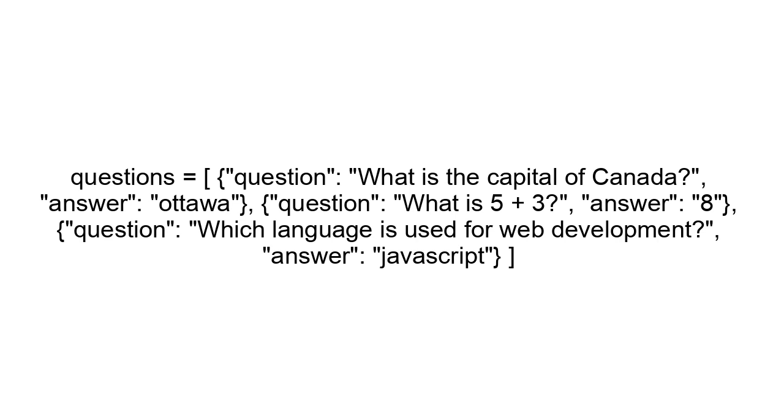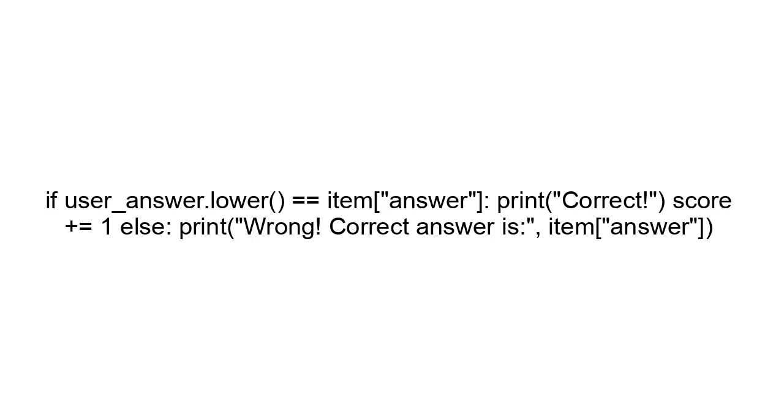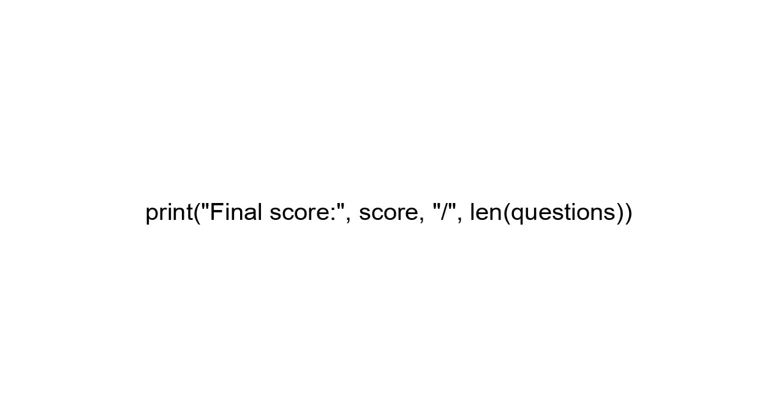For item in questions: user_answer = input(item["question"] + ...). If user_answer.lower() == item["answer"]: print("Correct"), score += 1, else: print("Wrong, correct answer is", item["answer"]). Print("Final score:", score, "/", len(questions)). This version feels more like a real quiz application.